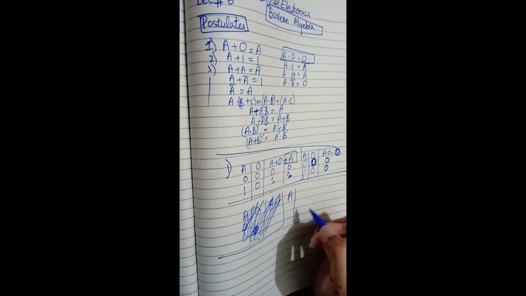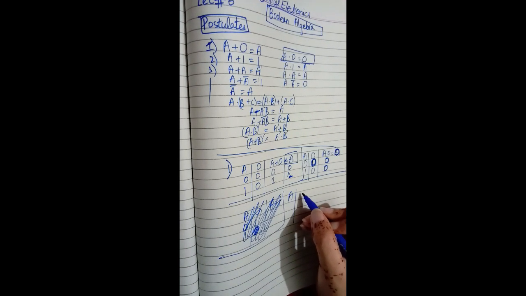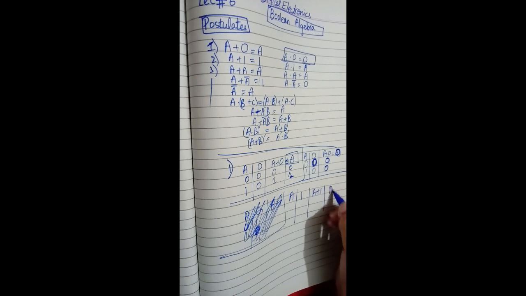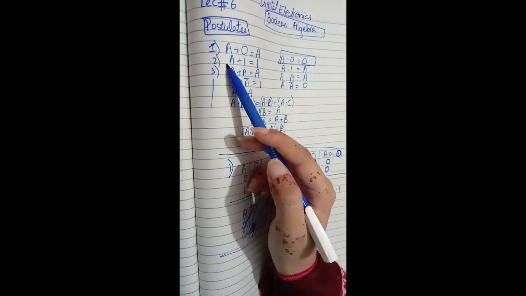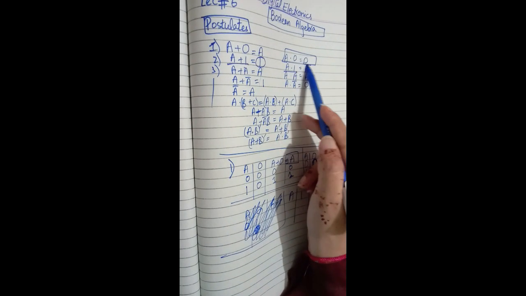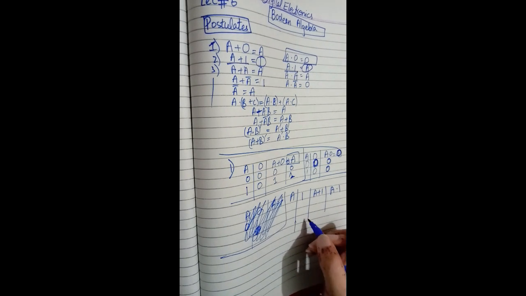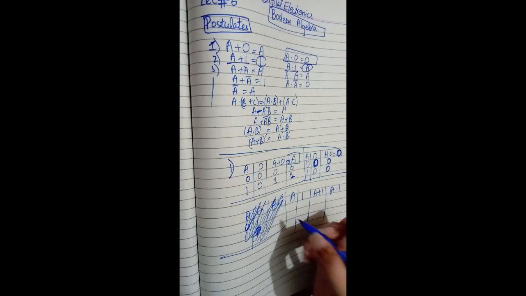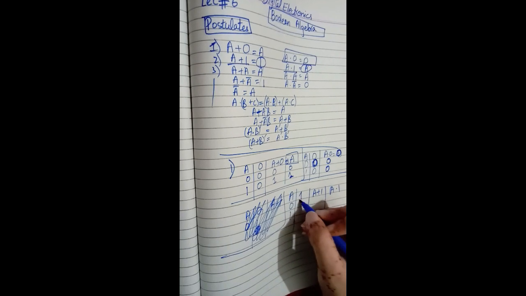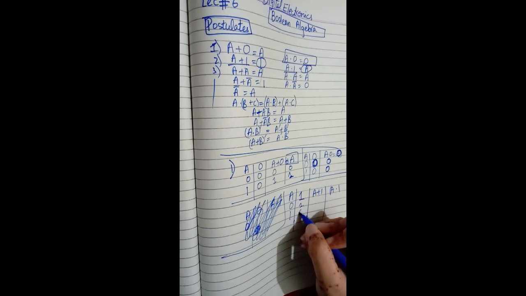It says A with 1: A plus 1 and A dot 1. A plus 1 will give us 1 and A dot 1 will give us A. Now we will prove it. We will have 0 and 1 for A, and the second input is 1.